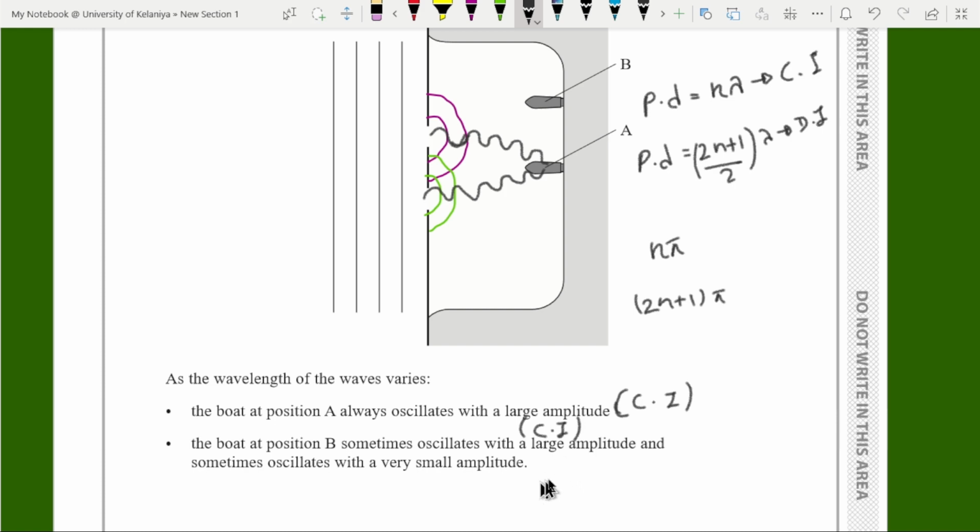For B, the phase difference changes. So how can we write our answer for the question?